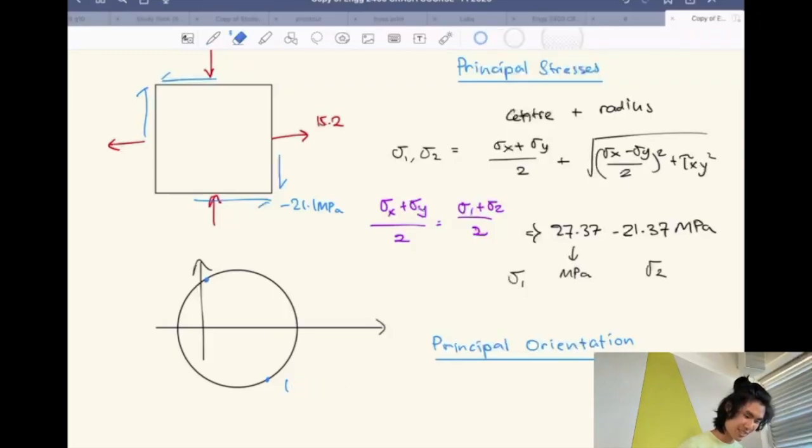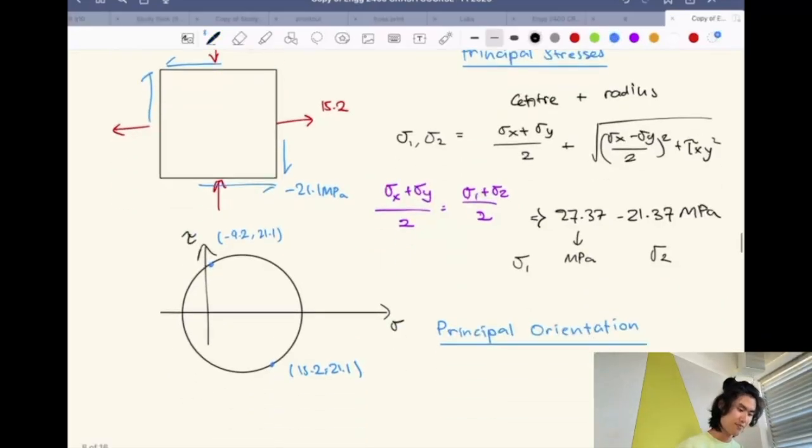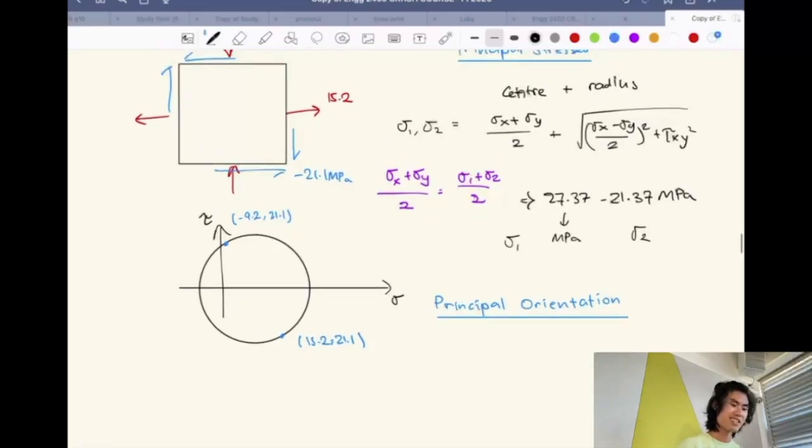Sorry. 15.2, 21.1. And then this is actually negative 9.2, 15.2, 21.1. This is your shear, this is your stress. Do you guys understand how I got to this on the Mohr circle? And then your maximum principal stresses will be 27.37, and negative 21.37. Do you guys get it?